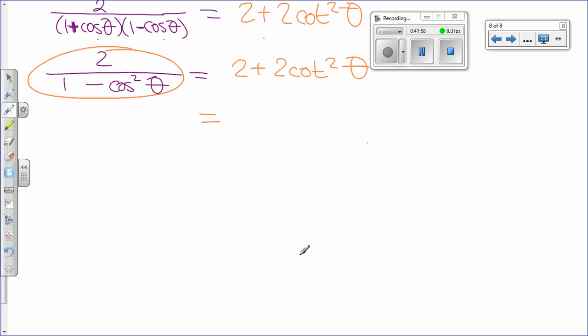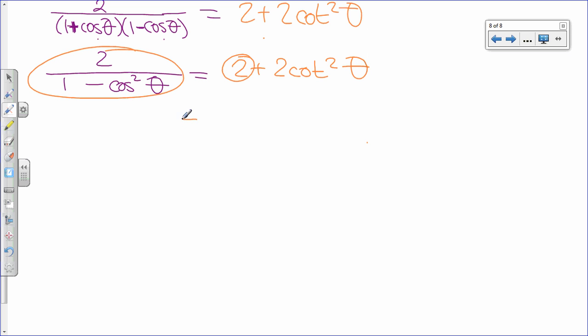And so for this number, I'm going to use sine squared theta over sine squared theta, because that together gives me a 1. And so I will just include the number here. So that's the number 2.